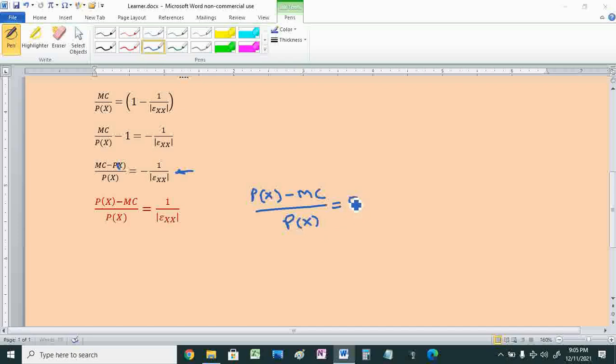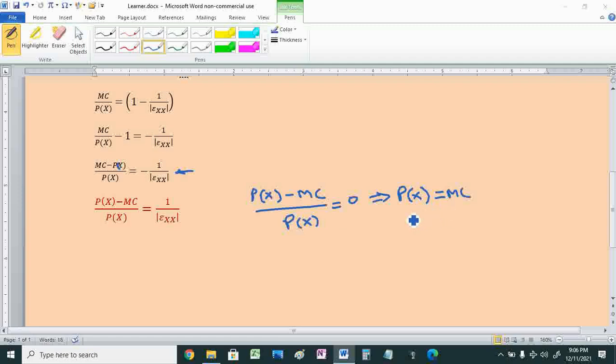This will give us price of x, which is the monopoly price, equals marginal cost. So when own price elasticity of demand is equal to infinity, and because we are considering only the absolute positive value because of this modulus, we get price equals marginal cost, and that is what happens in perfect competition.